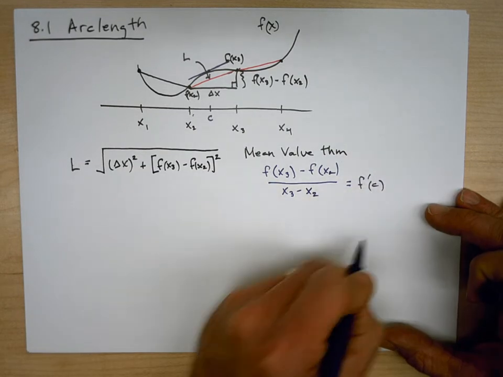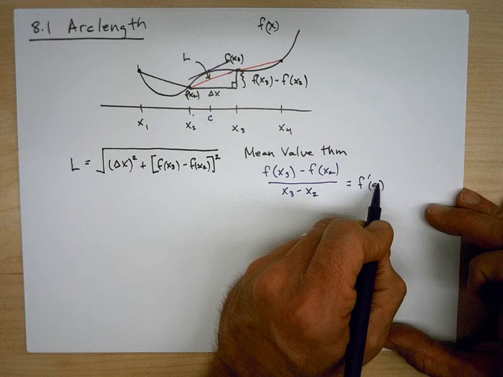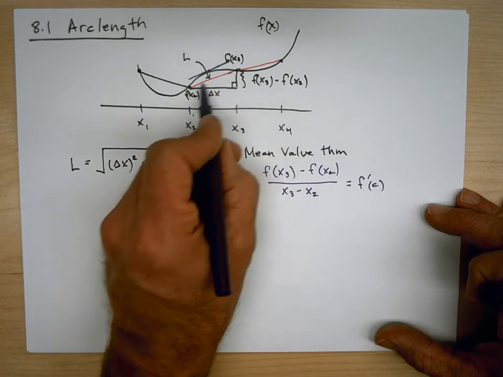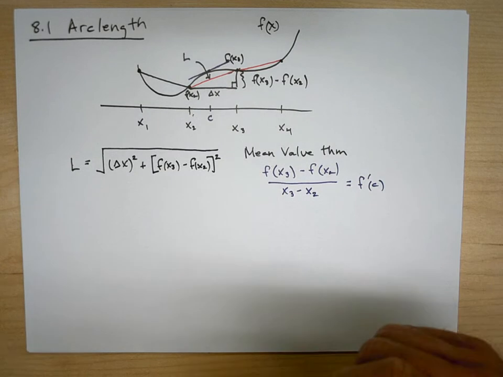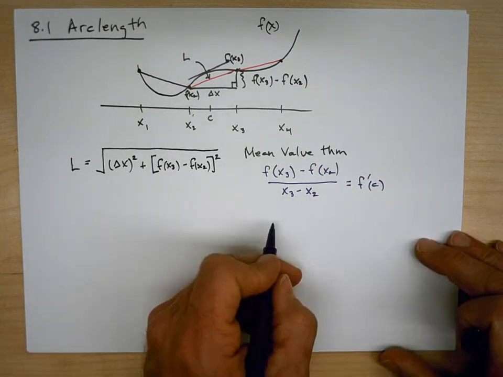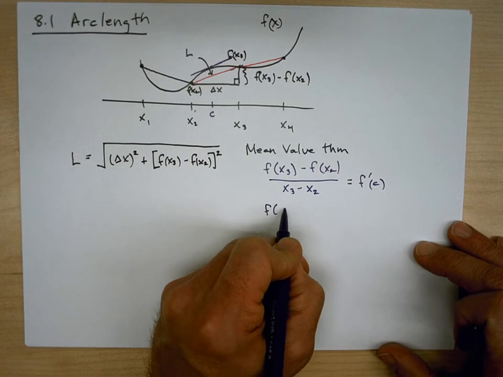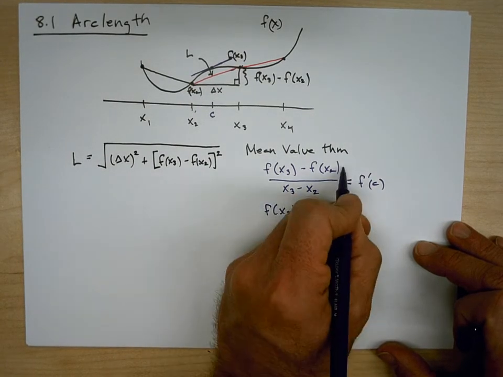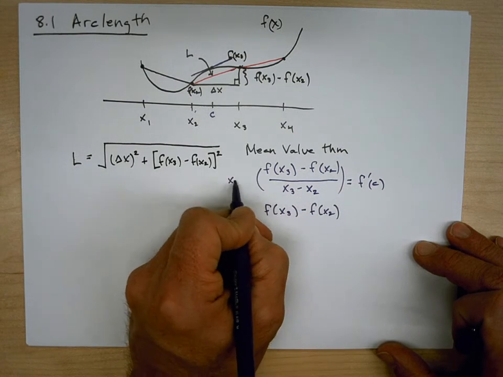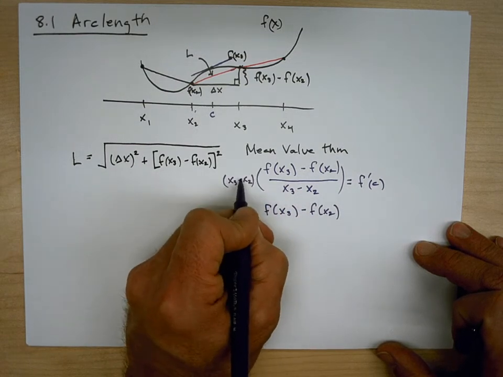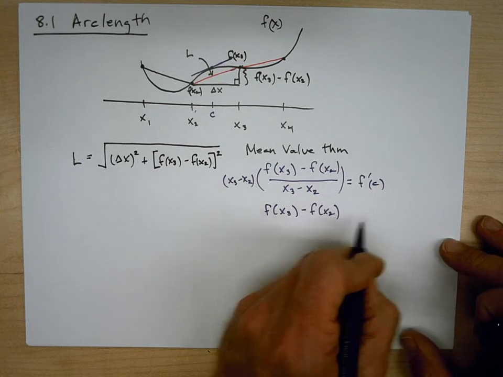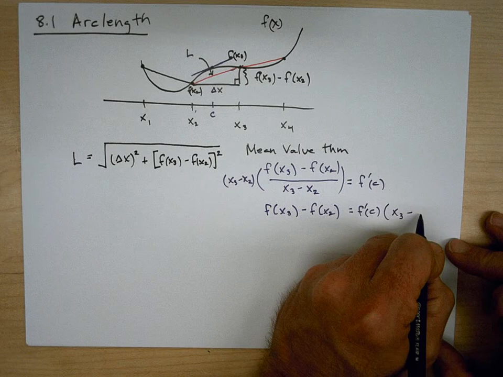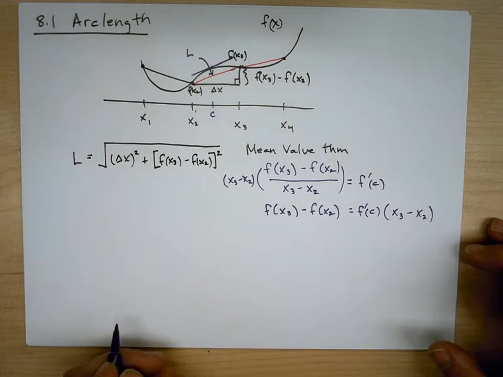Basically it's saying that there's a point that if you take the derivative at that point, then the slope of the tangent line at that point is equal to the slope of the secant line. And then this can be rearranged: if you multiply both sides by x3 minus x2, I get f prime of c times x3 minus x2.